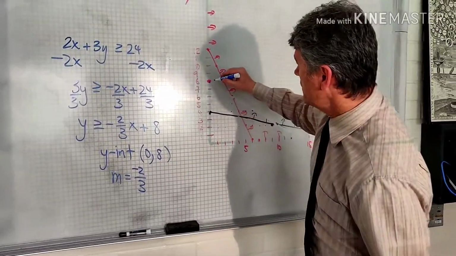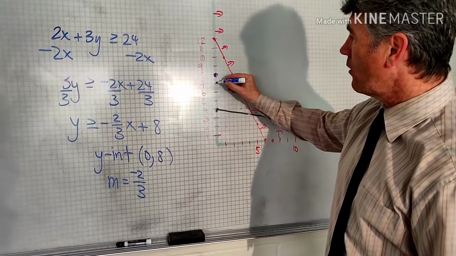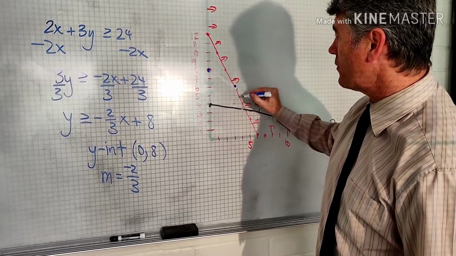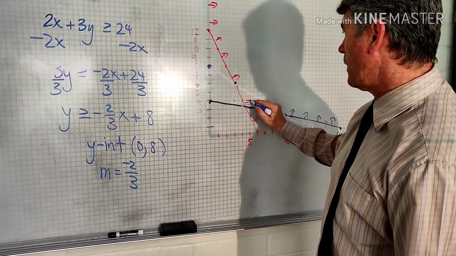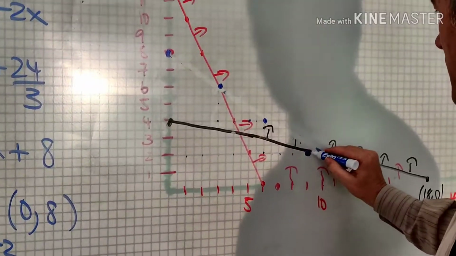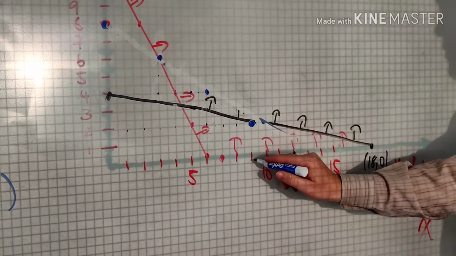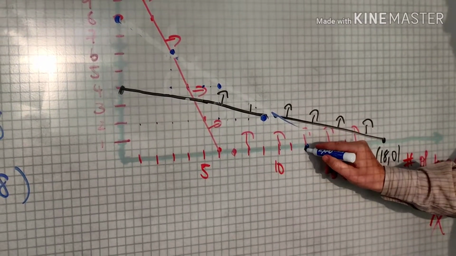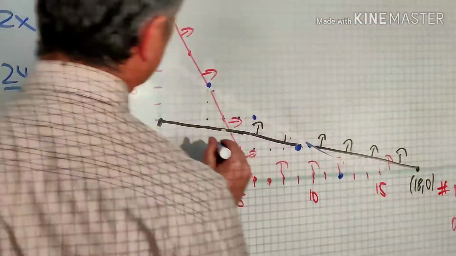Start by plotting the y-intercept, and then from there, go 2 units down, 3 to the right, 2 units down, 3 to the right, 2 units down, and 3 to the right, and once more, 2 units down and 3 to the right. Graph the segment.